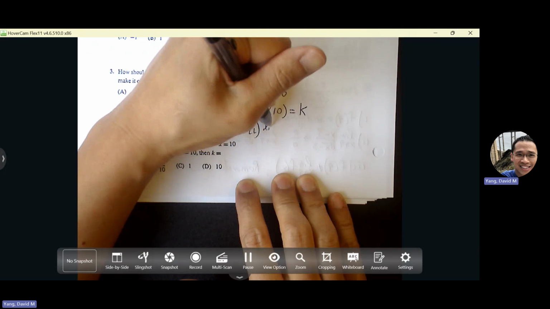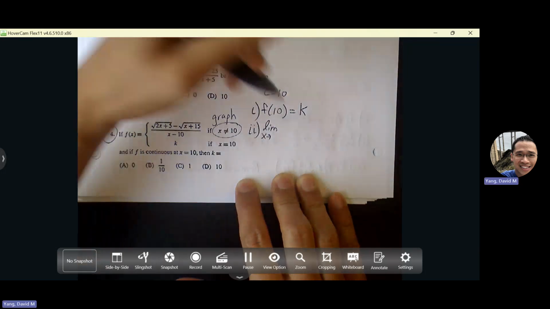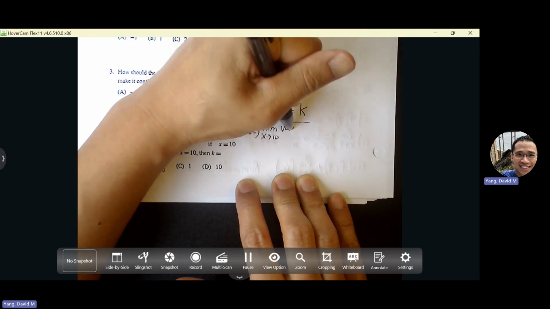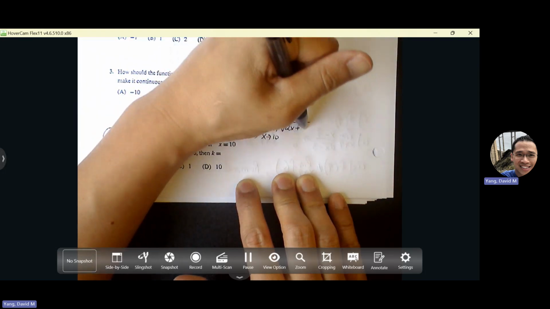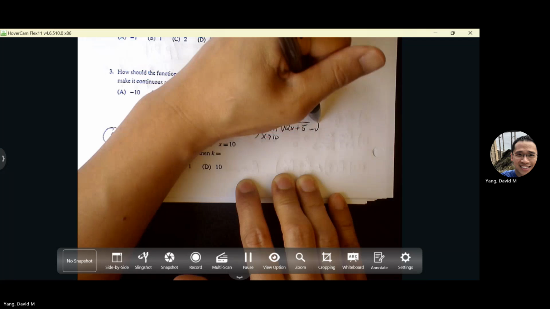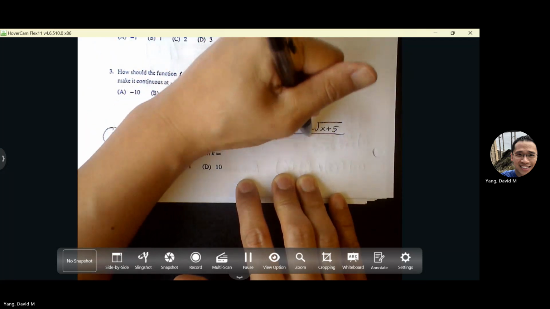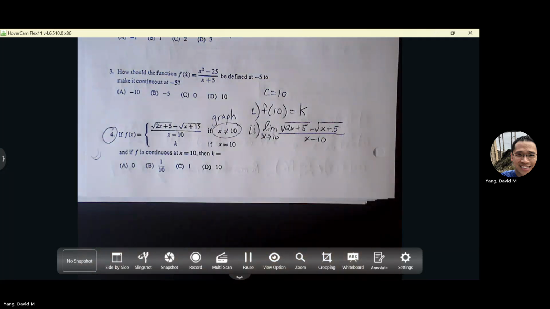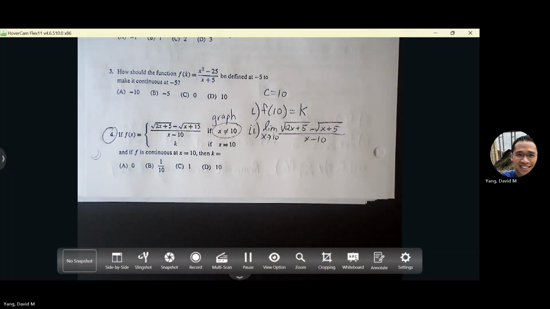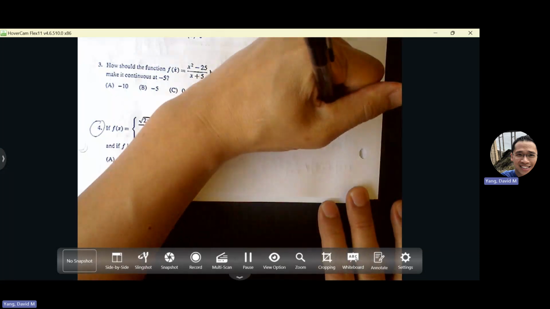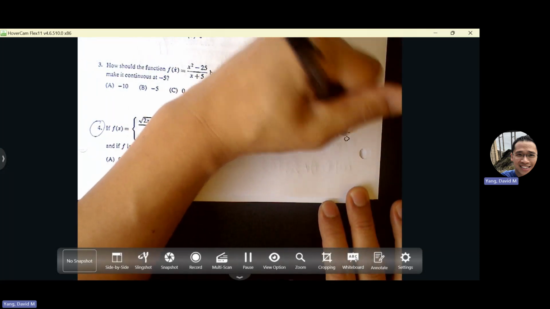So then we're going to do the limit as x approaches 10. I know this is messy here, but this is just going to be a conjugate method problem. If I were to plug in 10, I'm going to end up with 0 over 0.